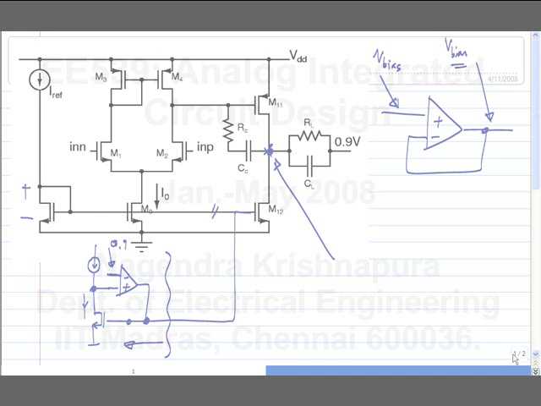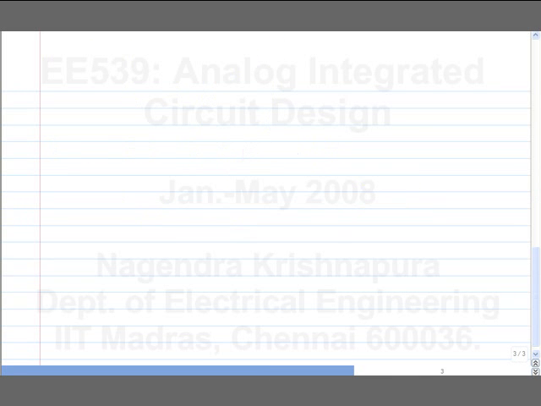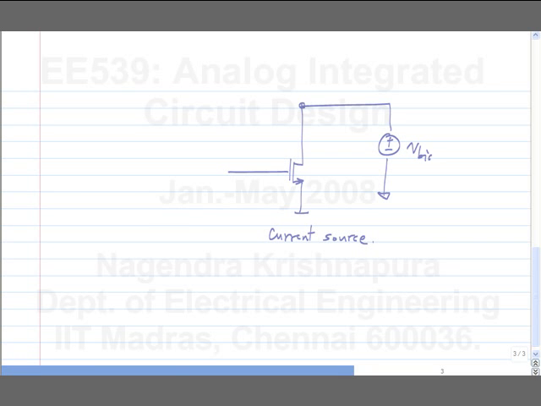In general, let's say you have a current source and its quiescent output is V bias out. It is somehow being operated with this particular voltage in the quiescent condition.